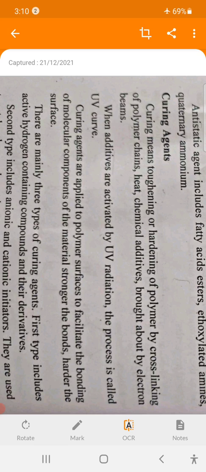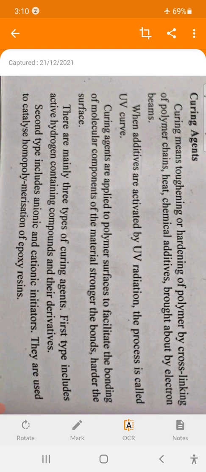When additives are activated by UV radiation, this process is called UV cure. Curing agents are applied to polymer surfaces to facilitate the bonding of molecular components of the material. The stronger the bonds, the harder the polymer surface.